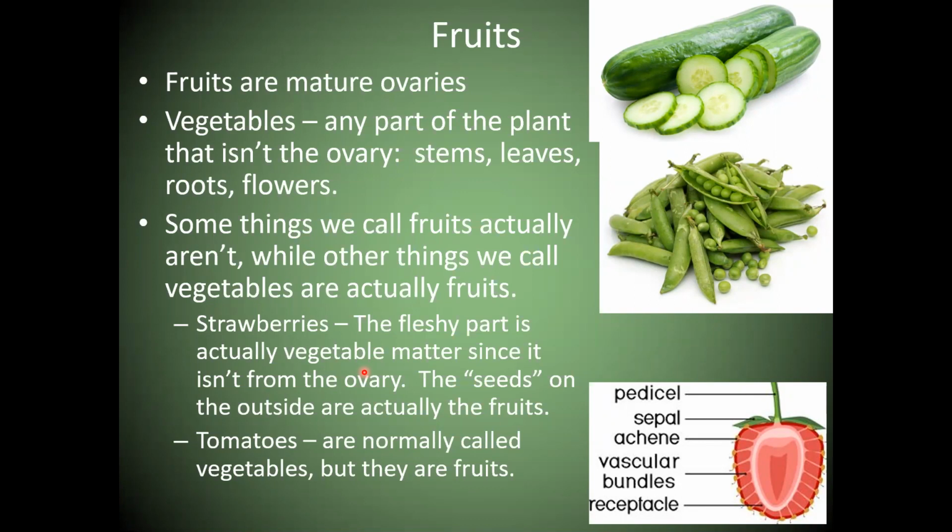So in fact, when you eat a strawberry, next time take a look at the surface of the strawberry. You see these tiny, seed-like things embedded on the external surface of the strawberry. That is actually not just the seed, that is the fruit. So when you eat a strawberry, are you actually eating the fruit?